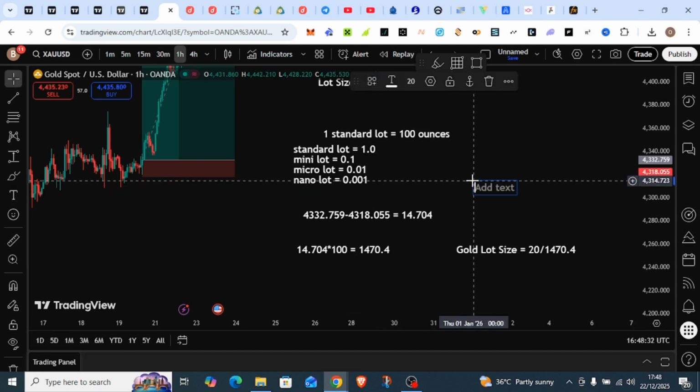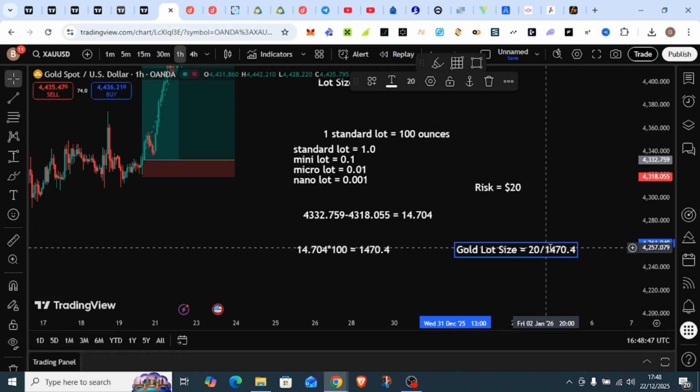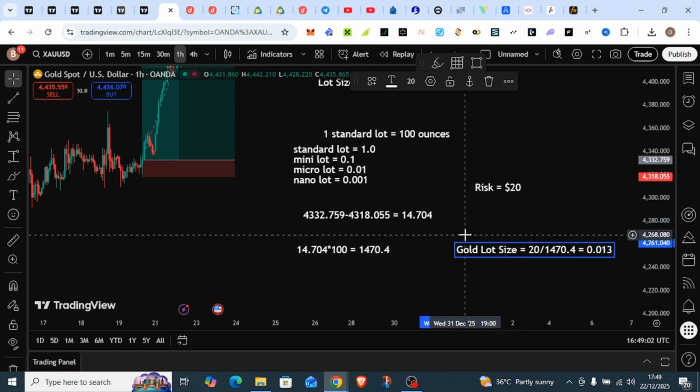So let me indicate the risk here. Risk equal to $20. So if we do this calculation, we get 0.013.